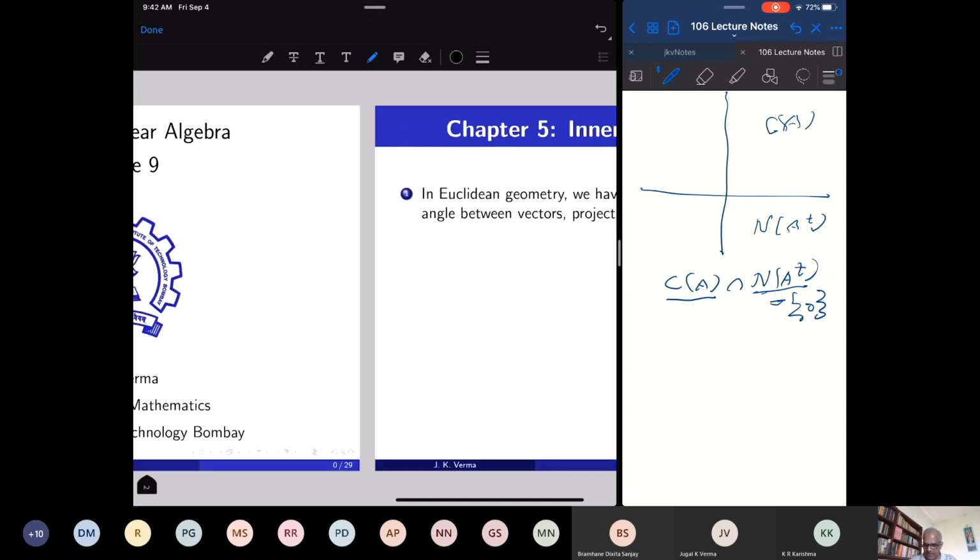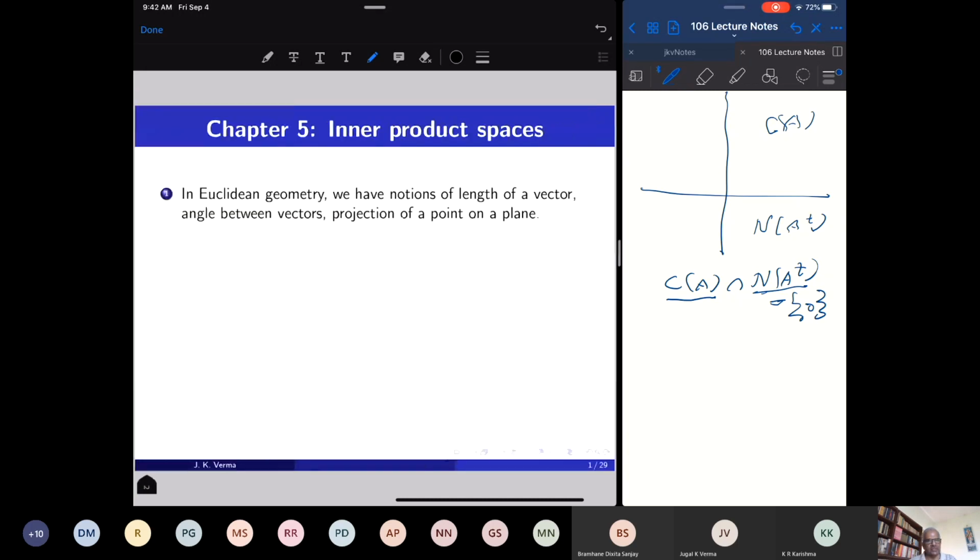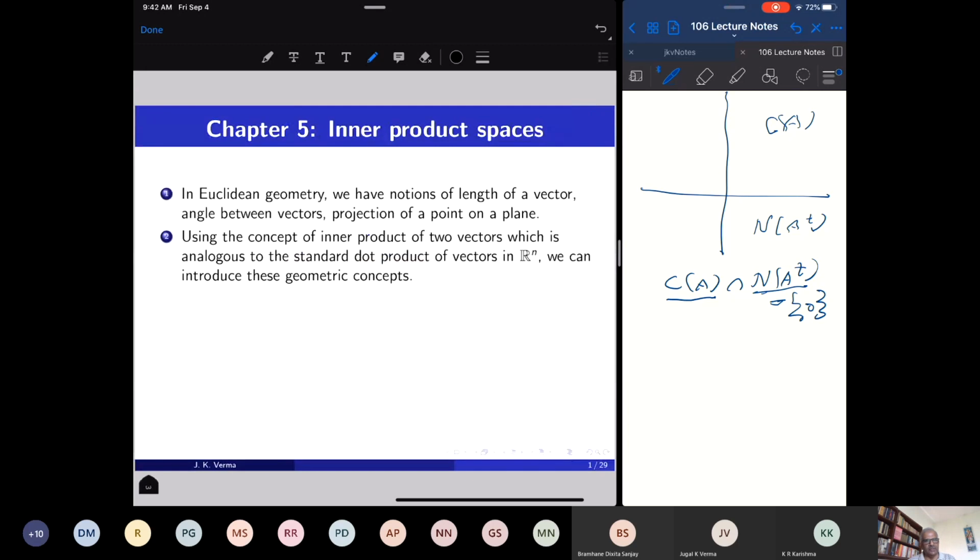So let us start introducing inner product space. Using the concept of inner product of two vectors, which is analogous to the standard dot product of vectors in Rn, we can introduce geometry concepts.